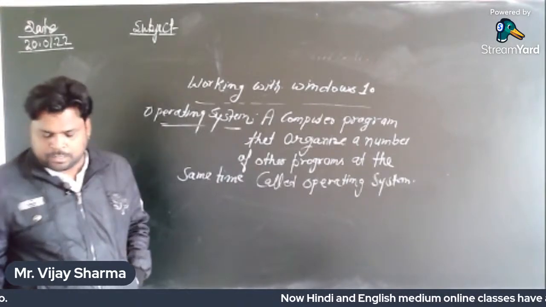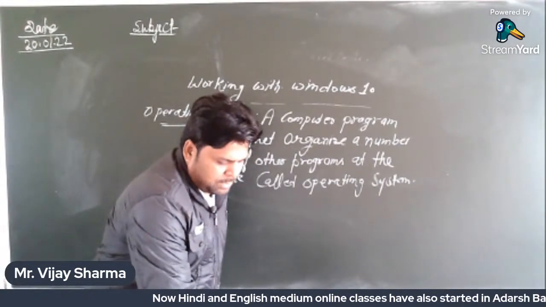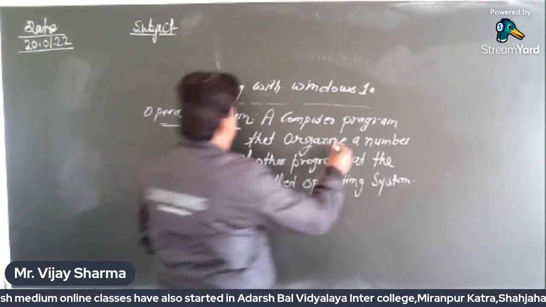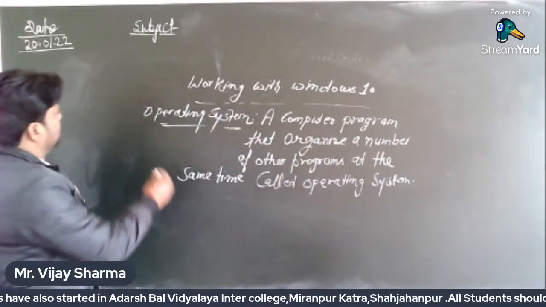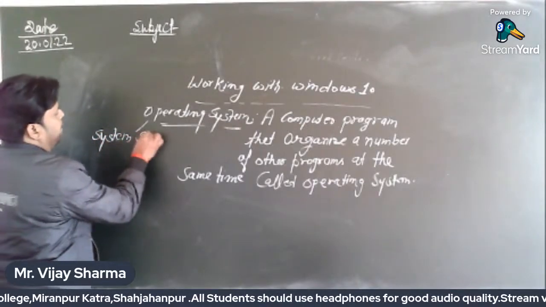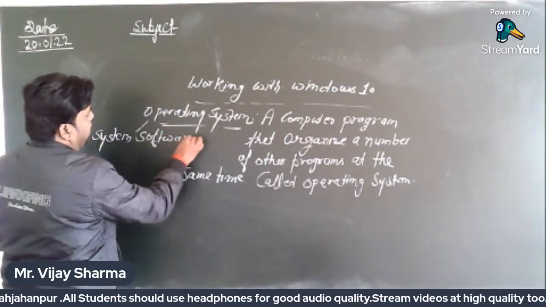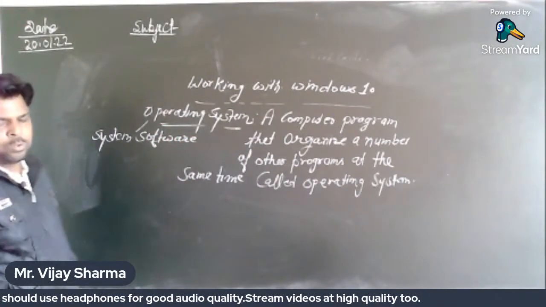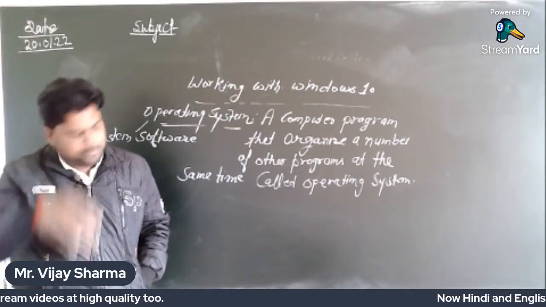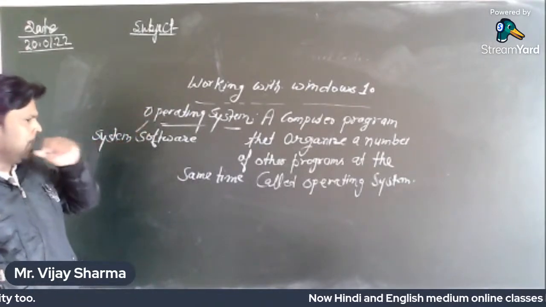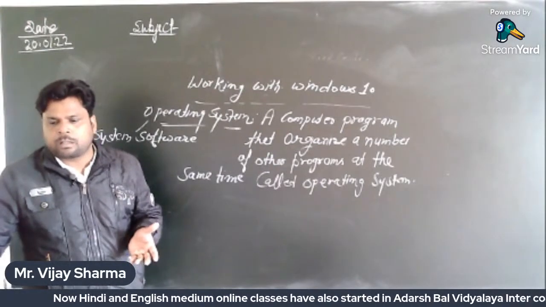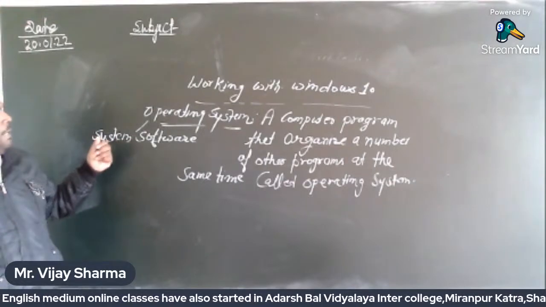It means an operating system is system software which helps us to do our job. An operating system helps us to communicate with our machine or our system. Without an operating system, it is like a human without a soul.